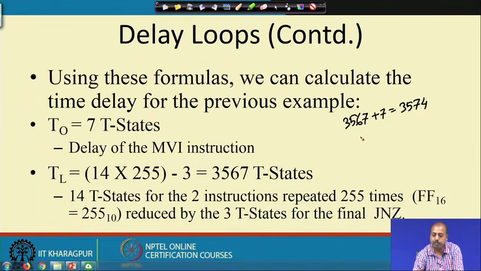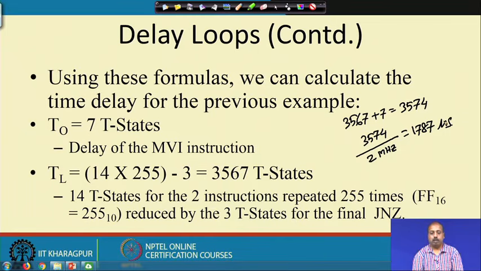Dividing 3574 by 2 megahertz, if I say I will be operating at 2 megahertz, this is equal to 1787 microseconds. That will be the total delay produced by the previous program.